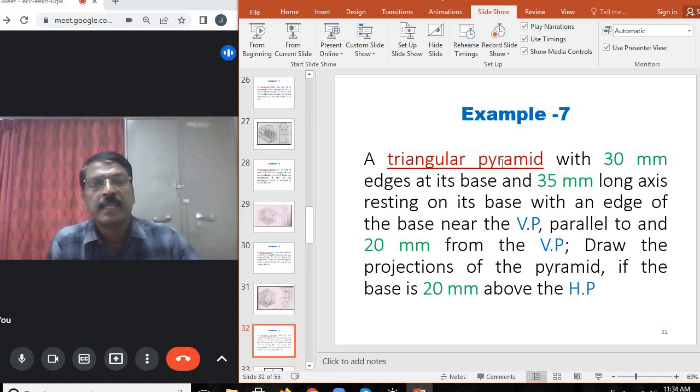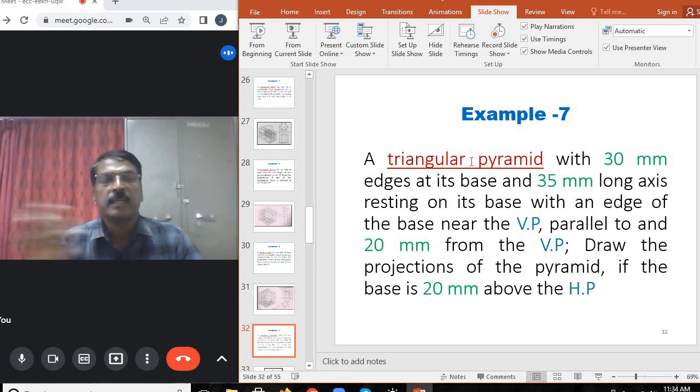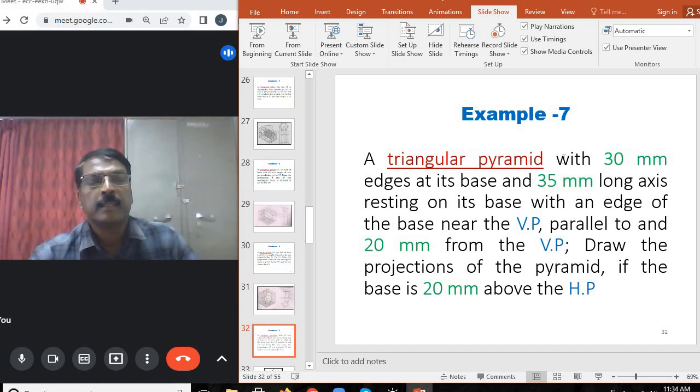So it is a triangular pyramid, with a triangular base, one vertex and 3 triangular faces, and the dimensions are the base edge 30 mm and axis height 35 mm. So these are all the conditions for the problem.